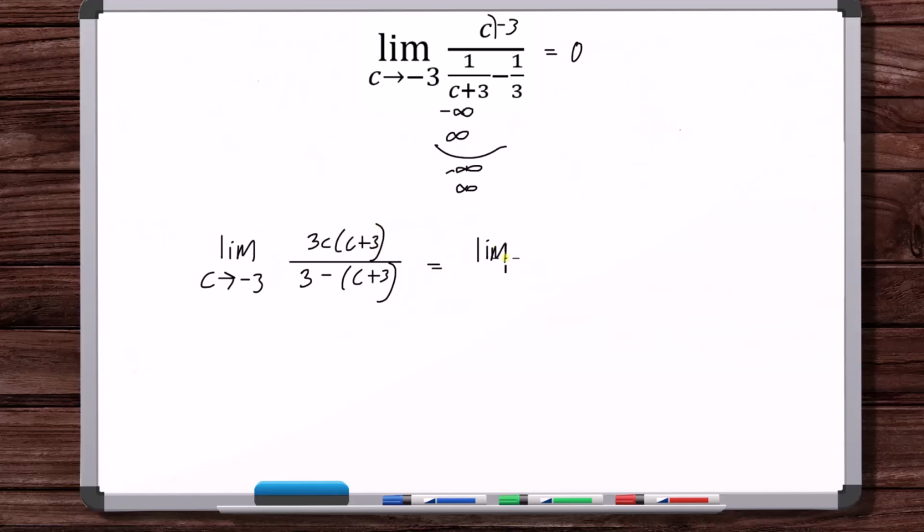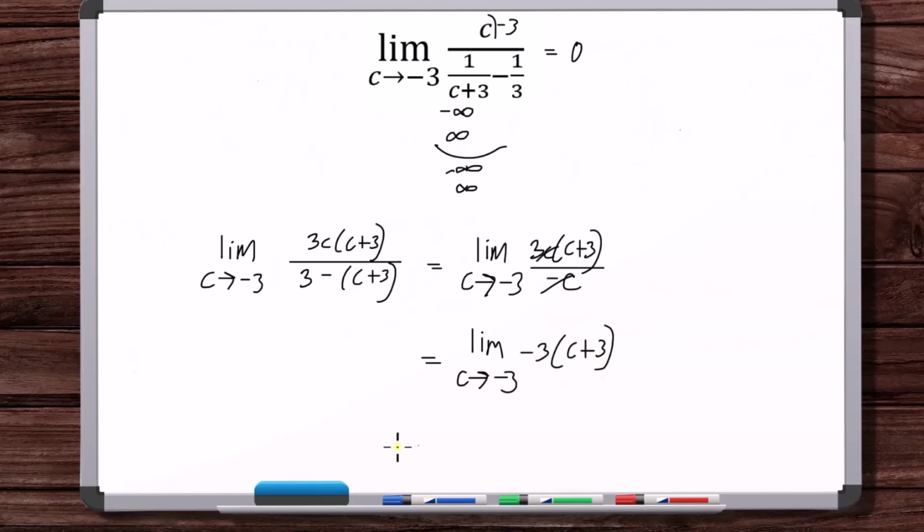So you've got minus c down here, and so these cancel, and you're left with minus 3 times c plus 3. So minus 3c minus 9. So there you go.